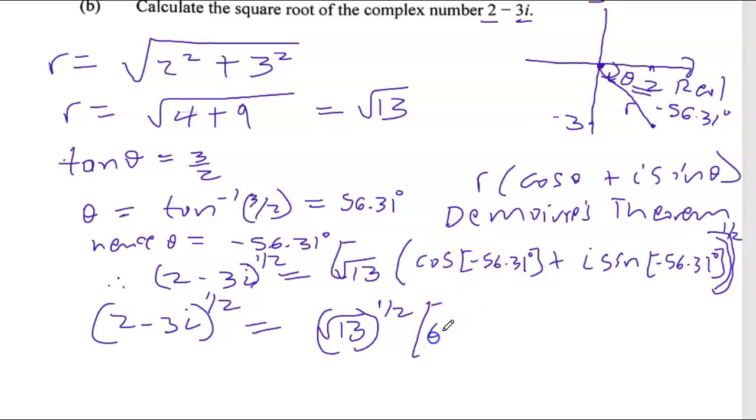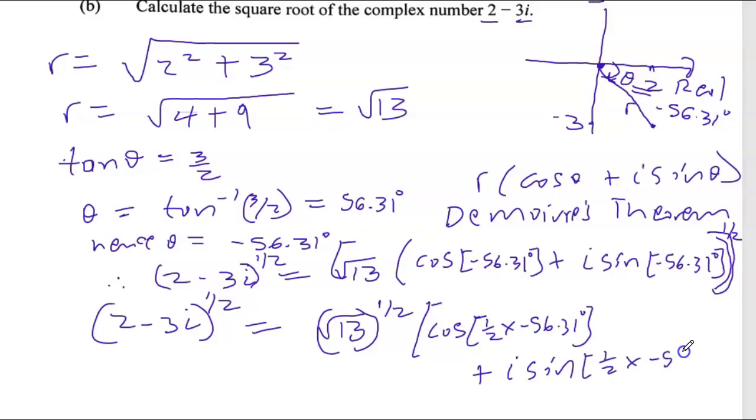So what we have is cos of half times negative 56.31 degrees plus i sin n theta, in this case half times negative 56.31 degrees.